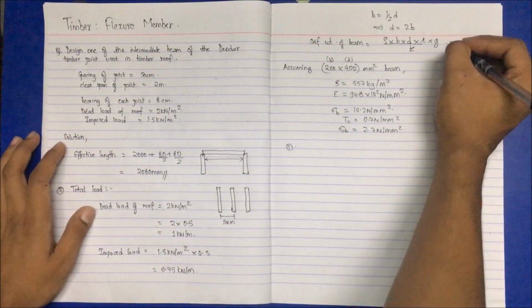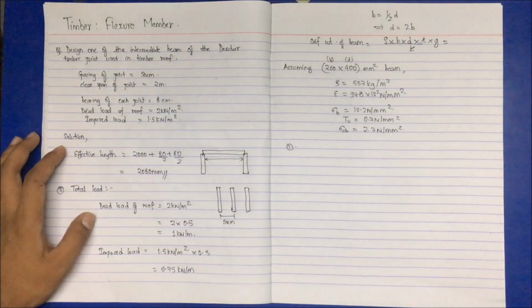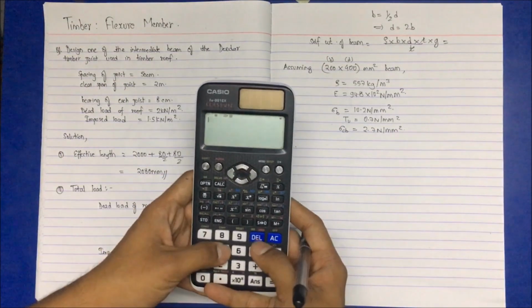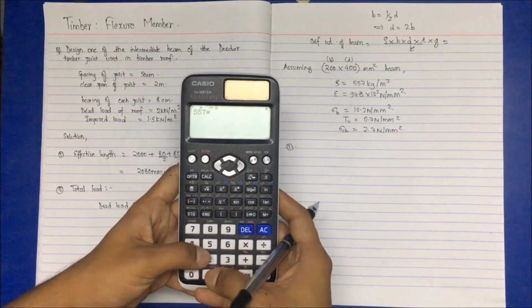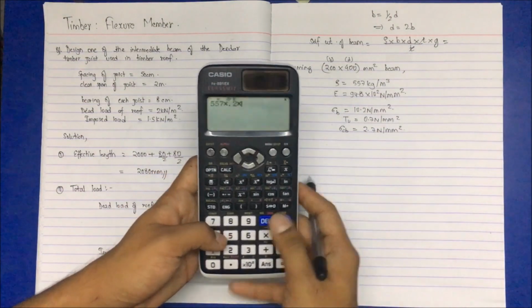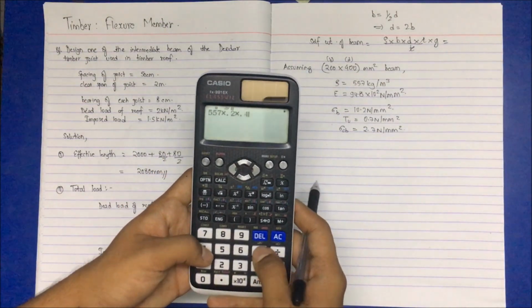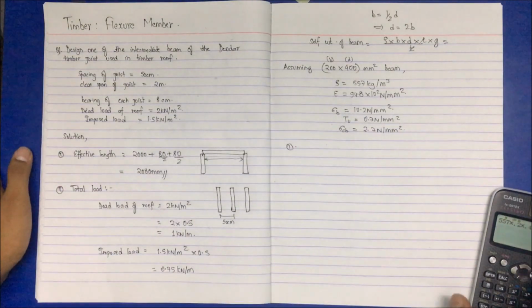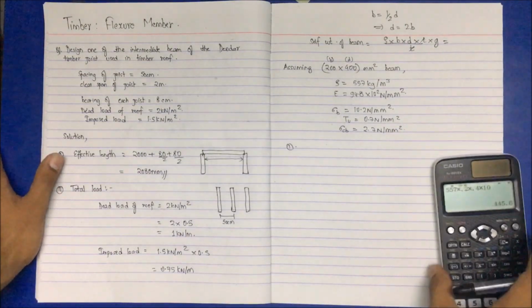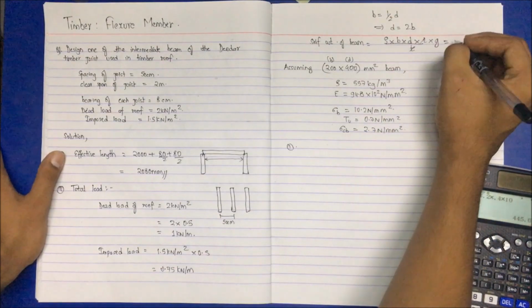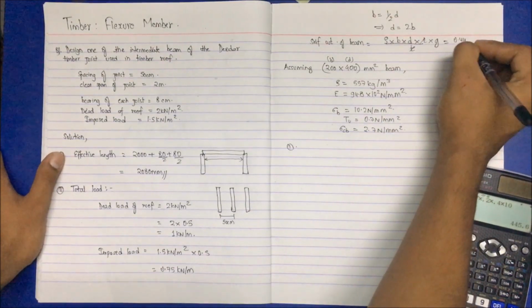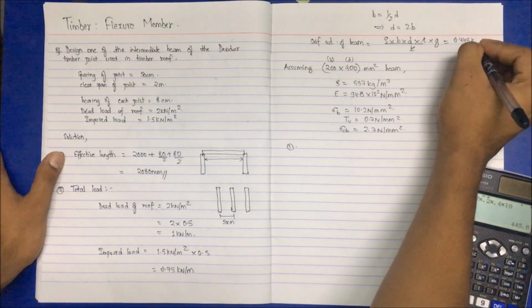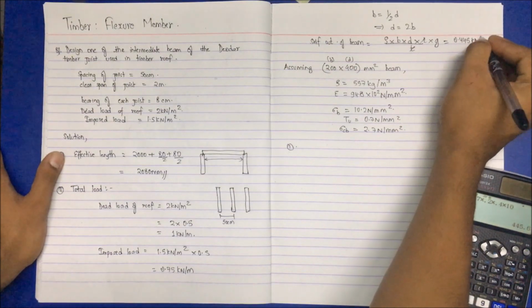Now you can calculate the value of self weight of beam, providing rho as 557 multiplied by 0.2, because it is in Newton, multiplied by 0.4 multiplied by 10, we get it as 445.6. It is in Newton, so converting it into kilonewton we get 0.445 kilonewton per meter.